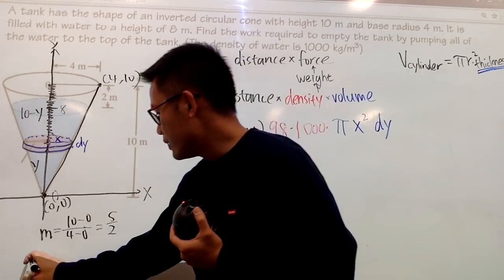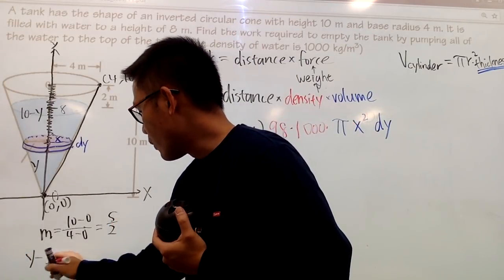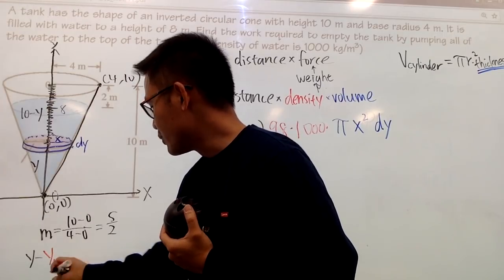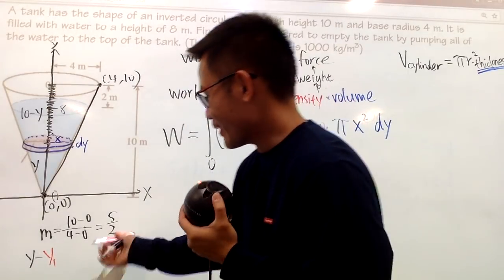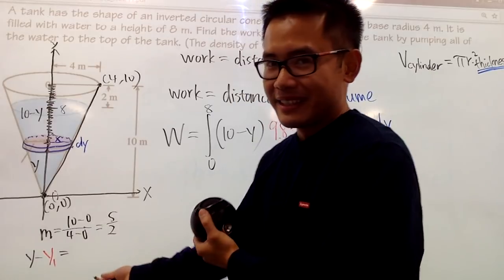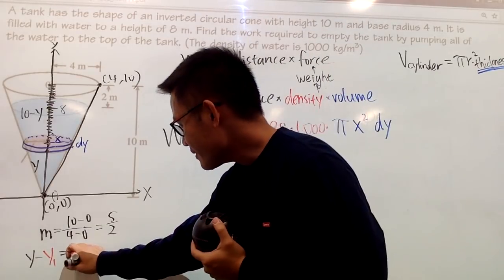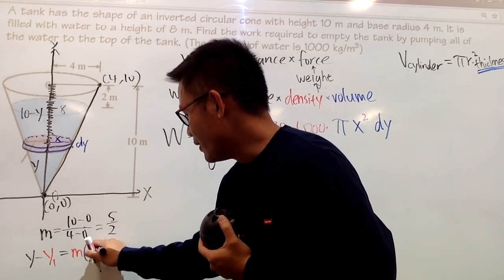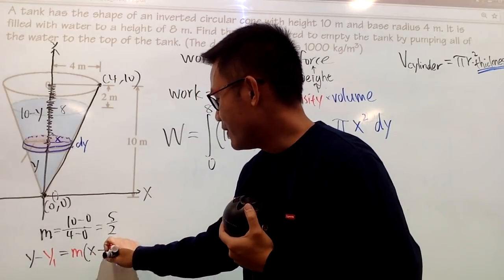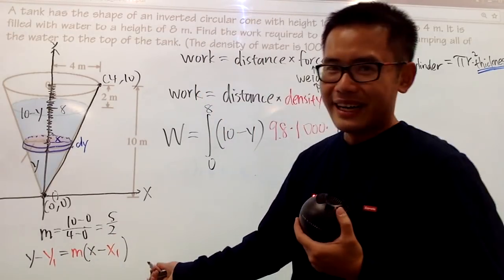And now, you can do this, y minus y1. And let me just remind you guys how to do the easy things, like the things that we used to do, right? Because back in the days, when we had to do just this, we didn't even have to study and we can still get an A, right?